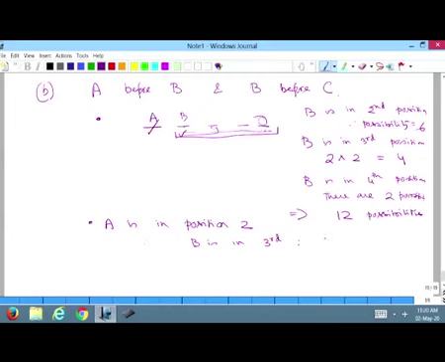That can be done in 2 ways, and C and the other one can be permuted here in 2 ways. So, there are 4 ways of doing that one. B is in fourth position, and that also can be done in 2 ways. Therefore, total number of possibilities is 6.